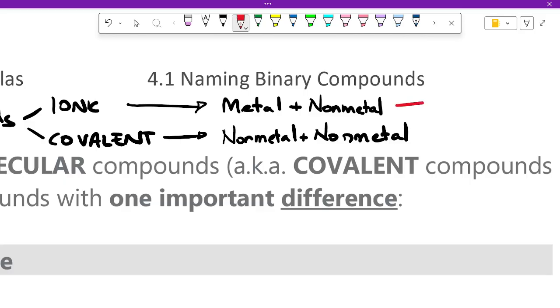For ionic, do we use prefixes? Did we use prefixes yesterday? No. So do we use prefixes for ionic compounds? No prefixes.